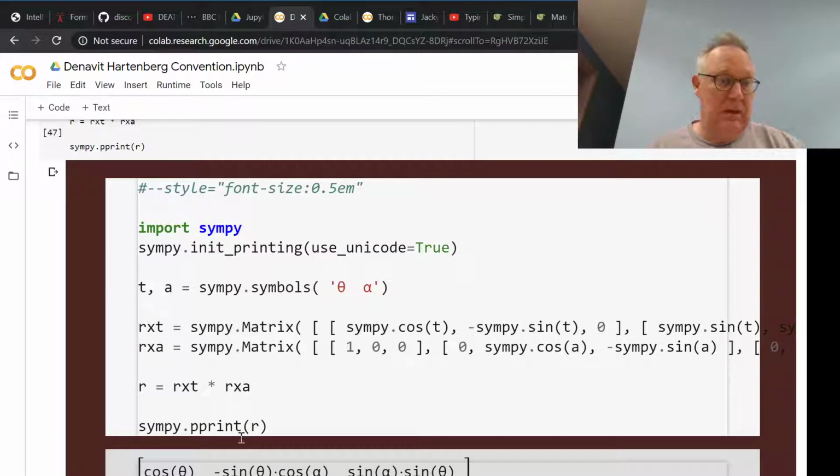Yep. So now we have cos theta, negative sine theta, cos alpha, sine theta. I don't know why it swapped them there, but okay. Sine theta, cos alpha, cos theta, negative sine alpha, cos theta, 0, 0, 0.